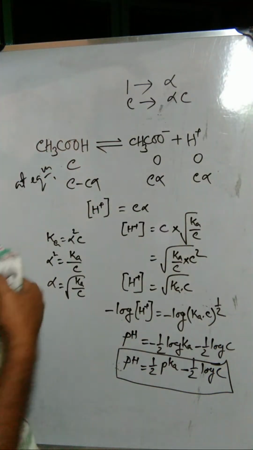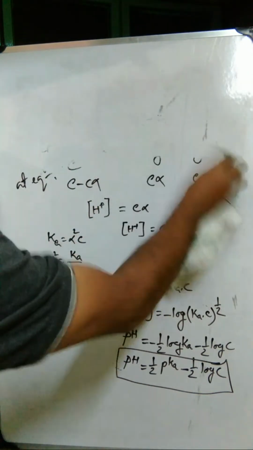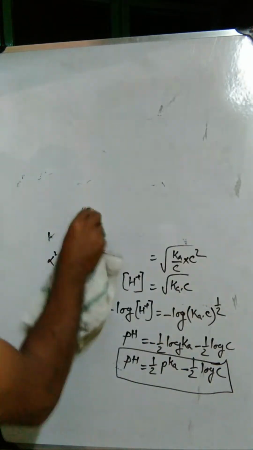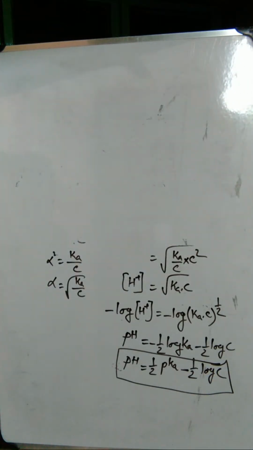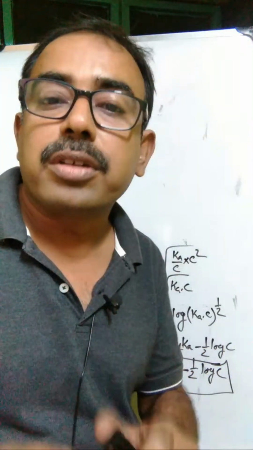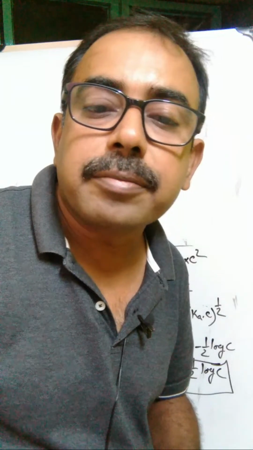Now let me explain what pH is. Actually, the concentration of H plus in pure water is equal to the concentration of OH minus. That is why water is neither acidic nor basic.